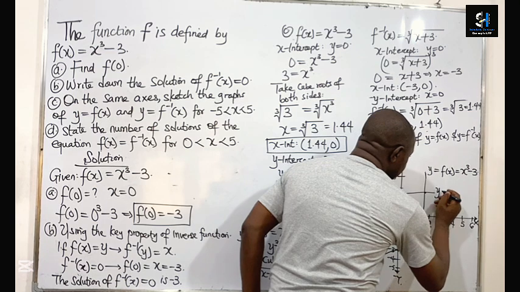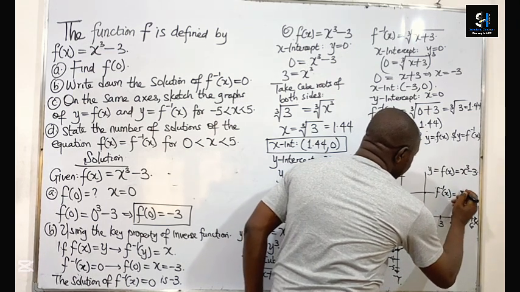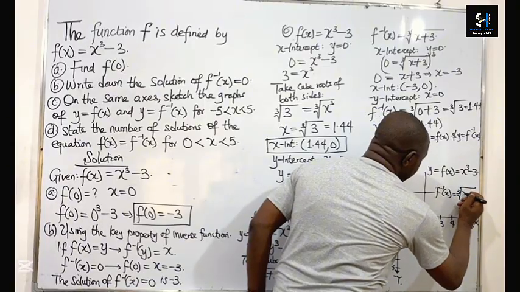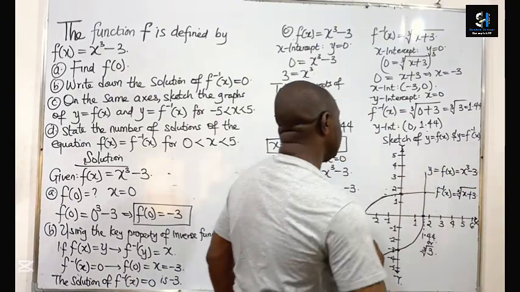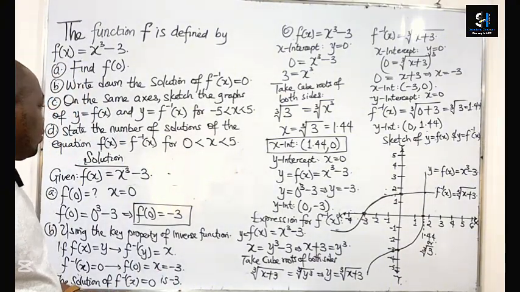So this is for the inverse function, that is cube root of x plus 3. That's the sketch. Okay, the last question.